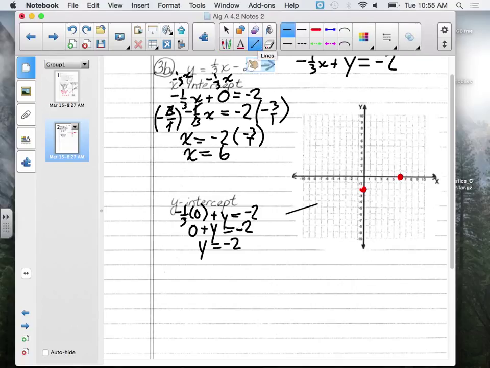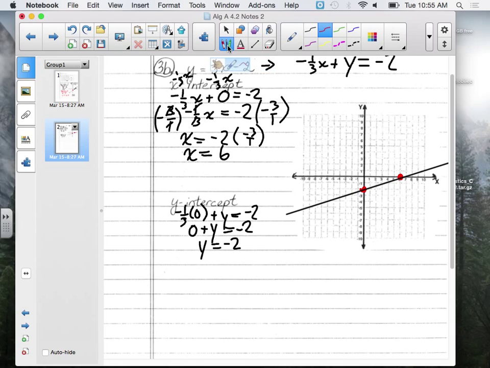Yep. And we make sure that we extend our line all the way through our graph. That's just to show that our line goes on forever.